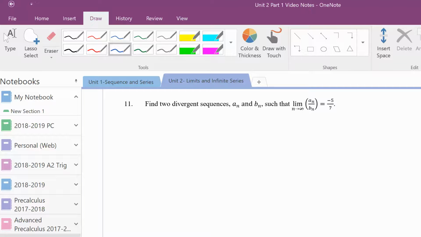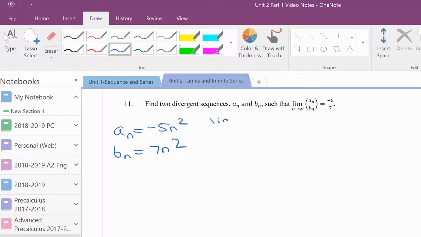Find two divergent sequences, a sub n and b sub n, such that the limit, when you divide them, is equal to negative 5/7. However, on their own, they'd be infinite. So one of them would be if a sub n was negative 5n squared, and the other one b sub n equals 7n squared.